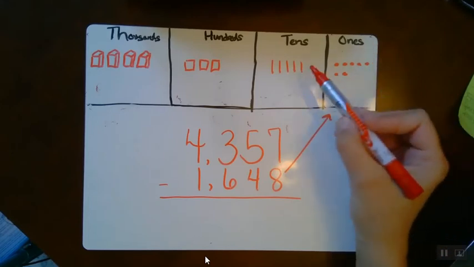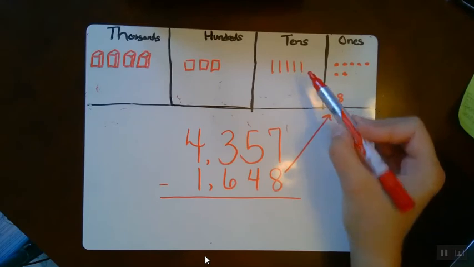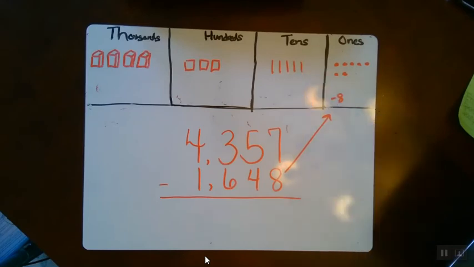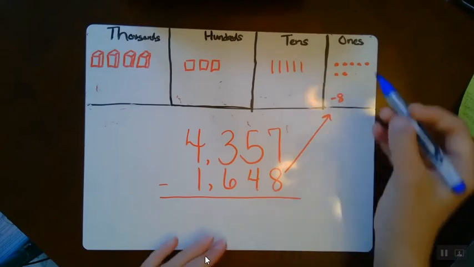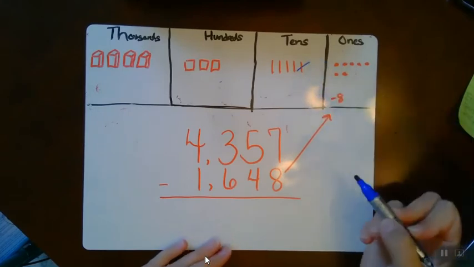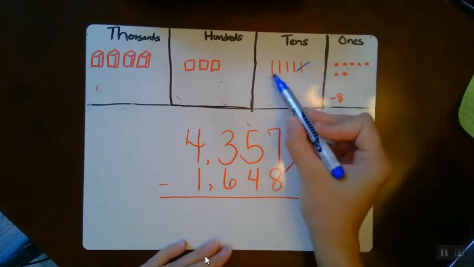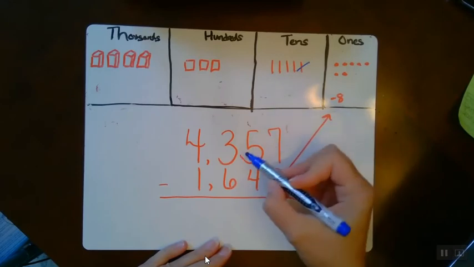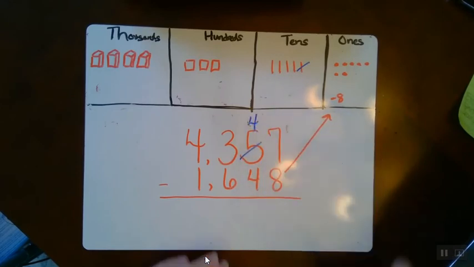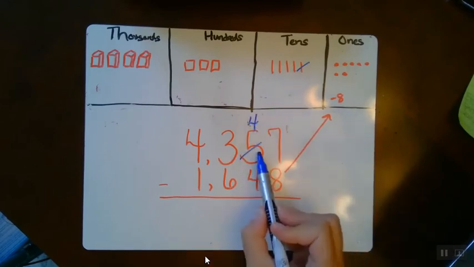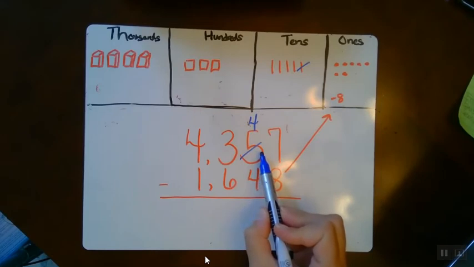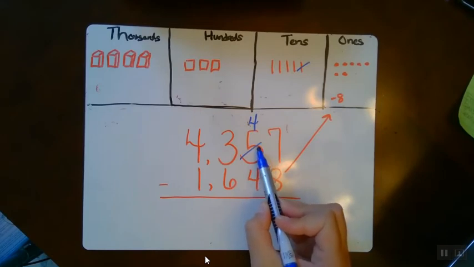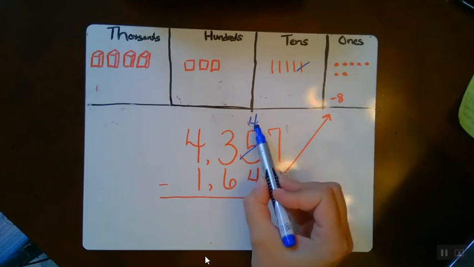So I'm going to need to go over here to my tens place. In my tens place, I am going to take a 10 away. That means that I now have 1, 2, 3, 4 tens in my tens place. That's why I crossed that 5 out. I'm taking 1 ten away, and I now have 4.